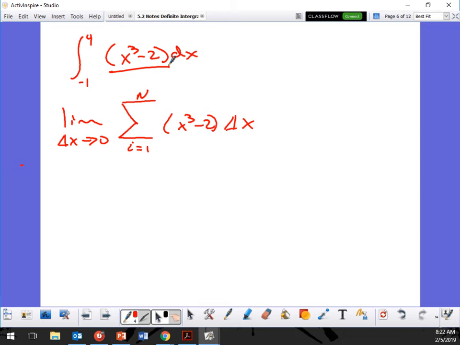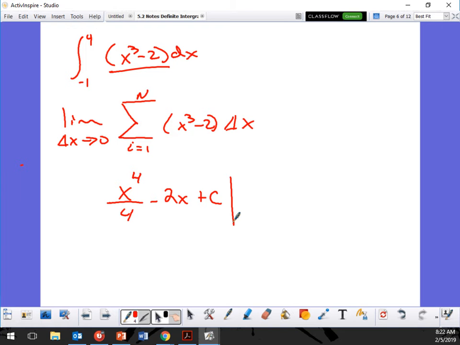Okay, so let's do the antiderivative of my function there. That's going to be x to the 4 over 4 minus 2x. Now, it's not going to be a plus c, and you'll see why, because I'm going to add it here, but I'm going to show you why.